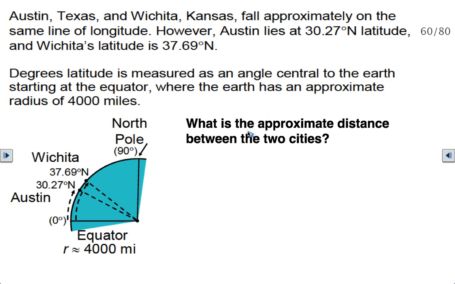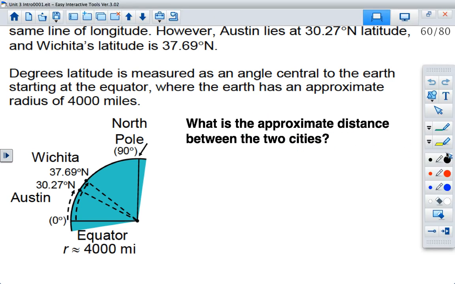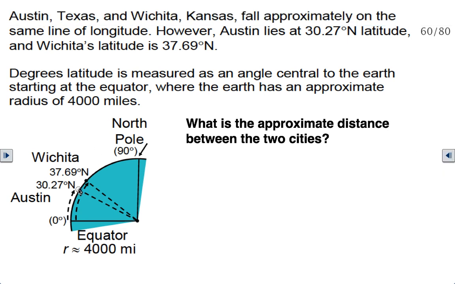So in this case, we want to know what is the approximate distance between the two cities. What we're looking for is this distance right here, okay? So I don't care how far it is from the equator to Austin or from the equator to Wichita. I just want to know this distance between the two cities. So I need to find this angle.